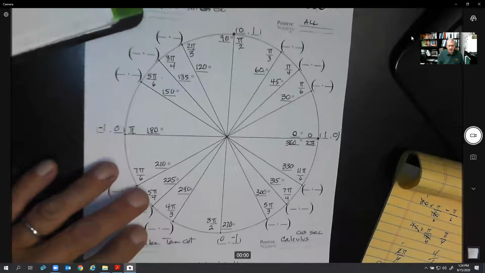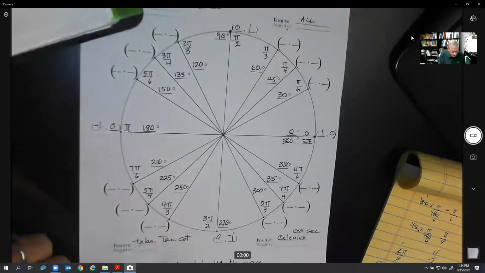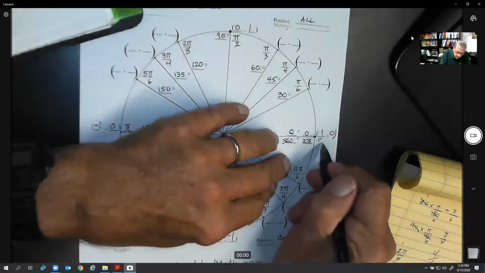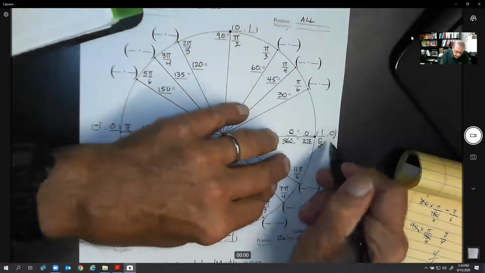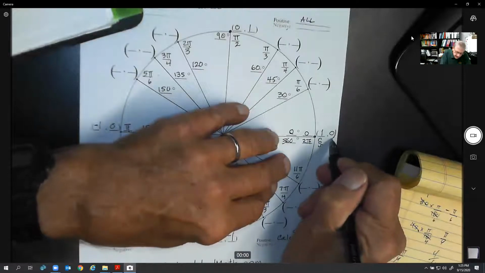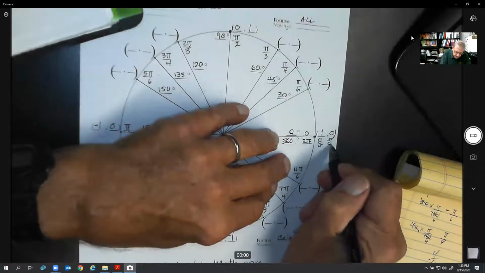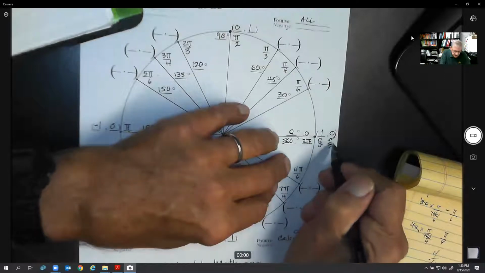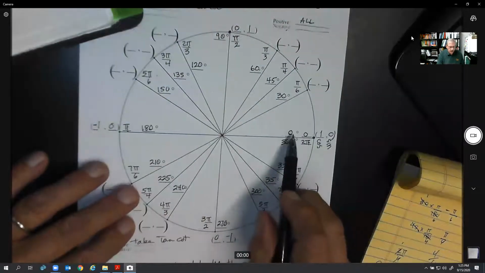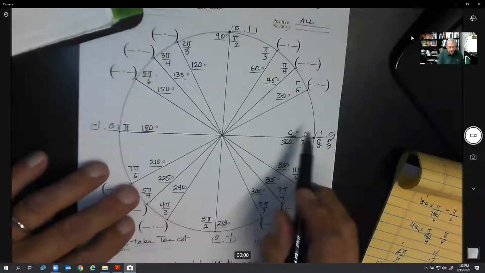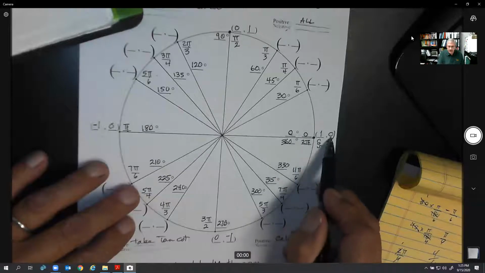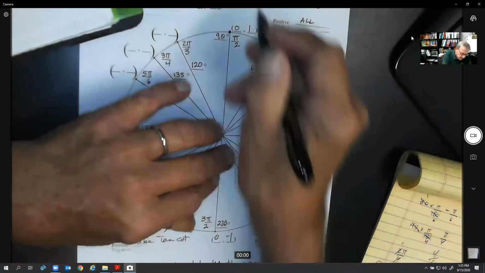What's the big deal about filling those in? Well, let me show you a little trick. The first value in this parentheses is always the cosine, and the second one is the value of the sine. It's always cosine, sine. So the cosine of 0 degrees is 1. The sine of 0 degrees is 0. Let's do this one.